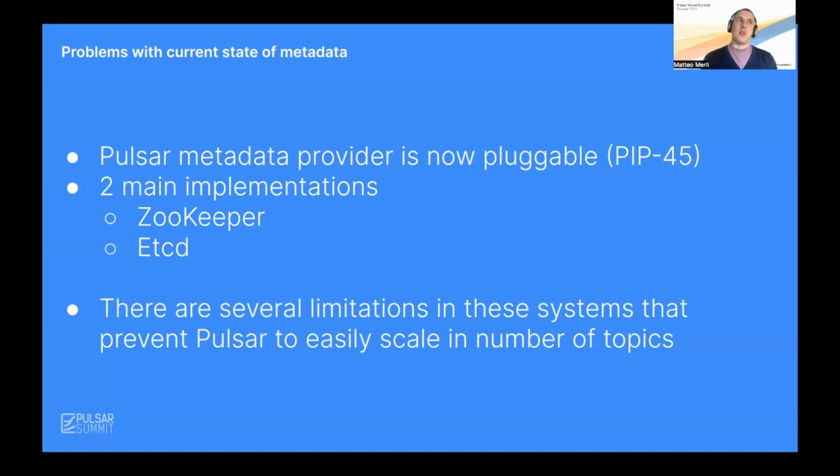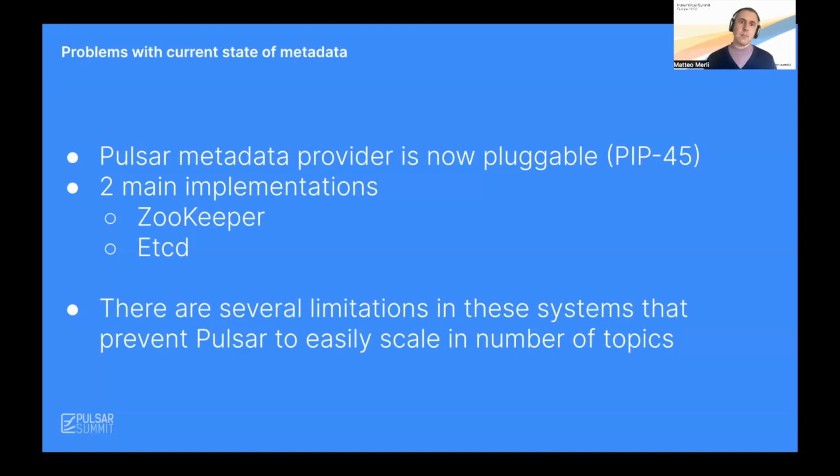There are a few others for testing and for standalone, but these are the two that are for cluster usage at this point. Now, these two systems are very similar to each other, and most people will be using Pulsar with ZooKeeper anyway. But the point here is that there are several limitations in how these systems are designed that prevent Pulsar from scaling to use more topics.